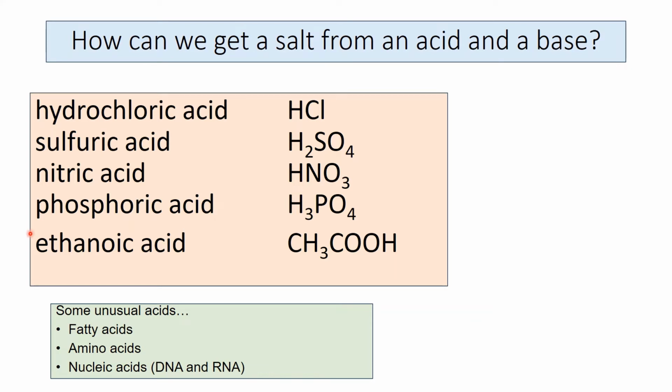The first 4, as we'll find out later, are commonly called strong acids or mineral acids. Ethanoic acid is an example of a weak acid. Have a little think: what do they all have in common? Pause the video and we'll pick up in a moment.